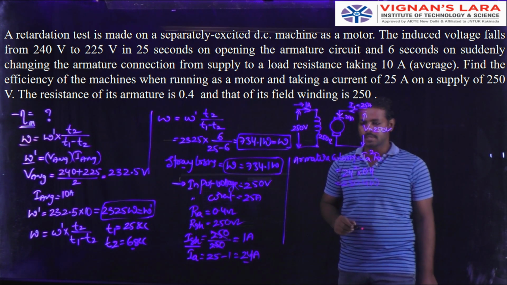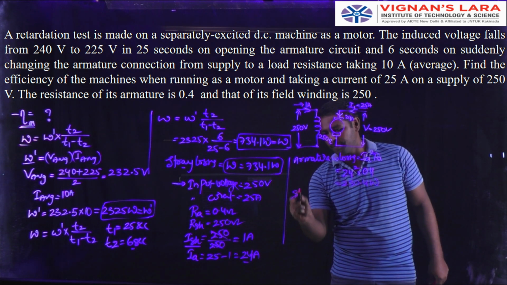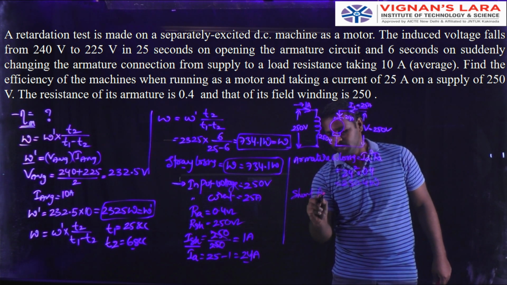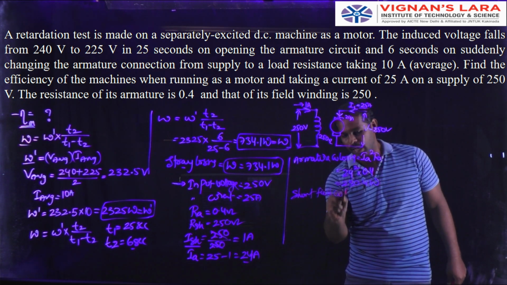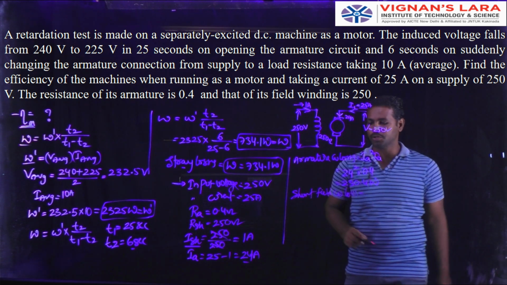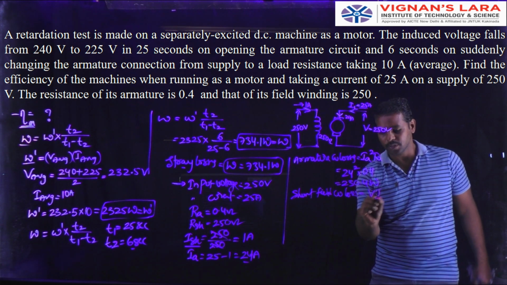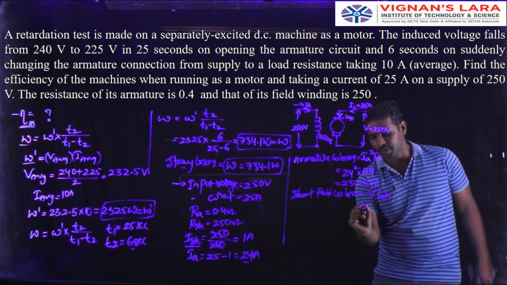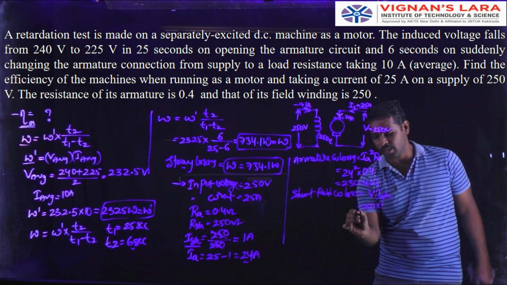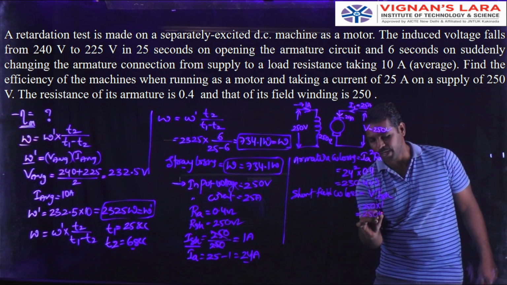Another one is the shunt field copper loss, which is equal to voltage into ISH, so 250 multiplied with 1 is equal to 250 watts.